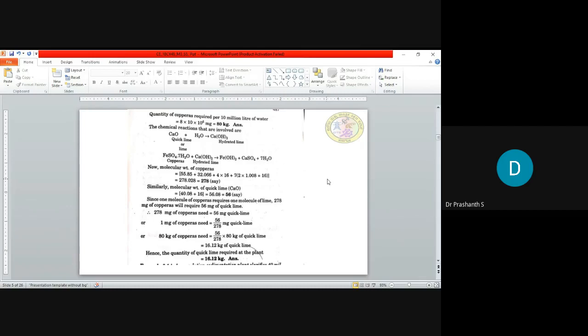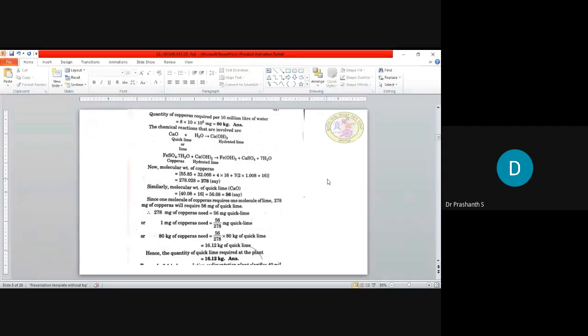So here we have added calcium hydroxide to the water. Copperas is added to that and reacts with hydrated lime, or calcium hydroxide, to form ferric hydroxide, CaSO4 plus 7H2O. Now let us see the molecular weight of copperas. It comes as 278. What is the molecular weight of quicklime? It is 56: CaO, Ca is 40 plus 16.